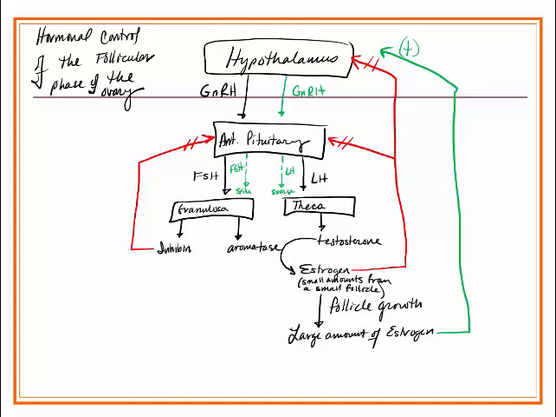The FSH spike and the LH surge cause such a large amount of antrum to be secreted by the granulosa that the follicle can no longer hold back the pressure of the antrum and it ruptures, which is what we call ovulation.